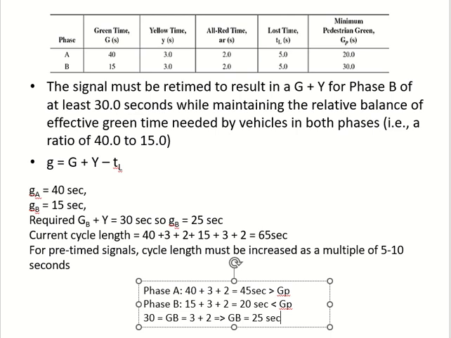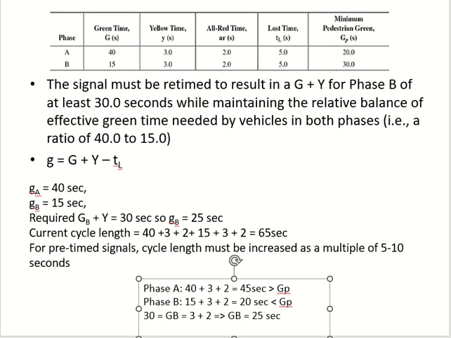Now moving on. First of all, I have the old cycle length. I'll calculate the new cycle, and I have to maintain the ratio. I know the old time of phase B, which is 15.